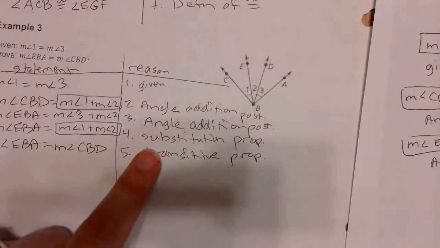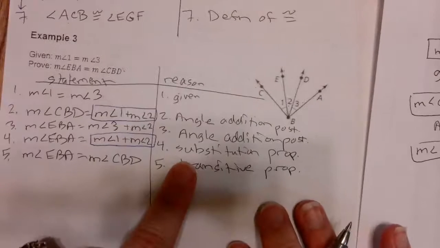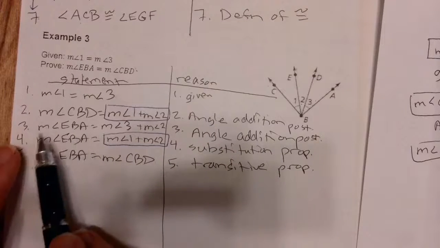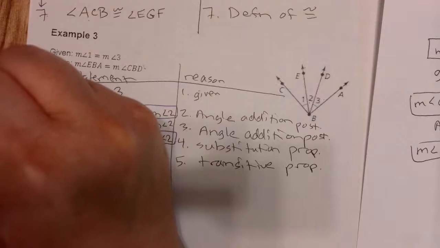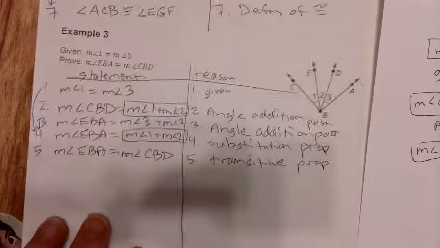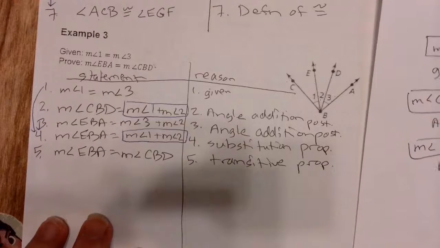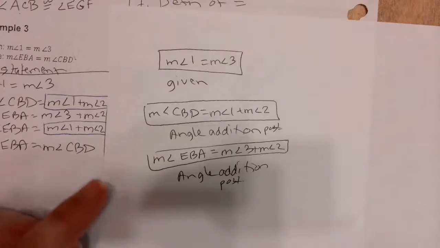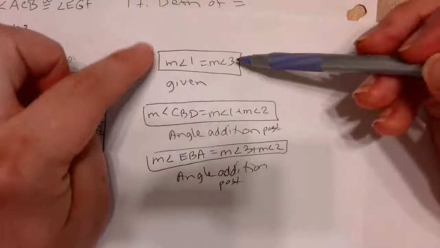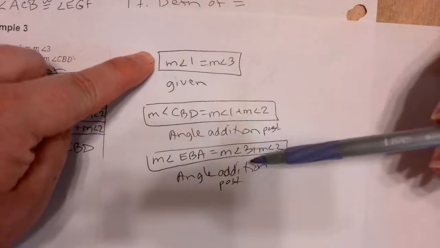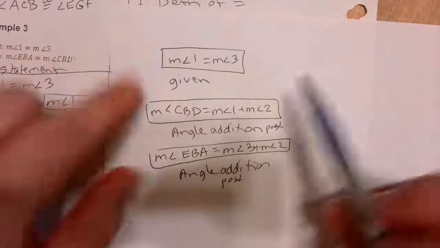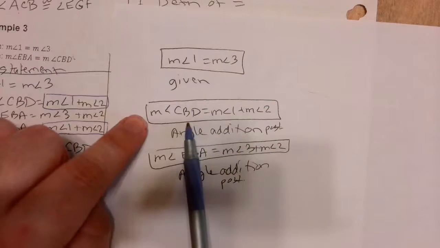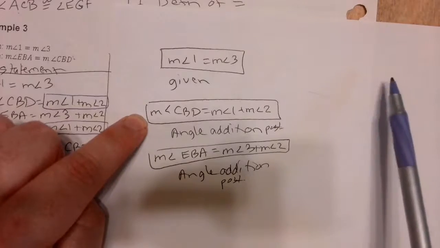Now, we use substitution next, and we substituted line 1 and line 3 to get line 4. The issue with that in our flow proof is that we're going to have to connect this substitution with this one. And when you connect that, we're kind of blocking this one off so it can no longer become really part of the proof.